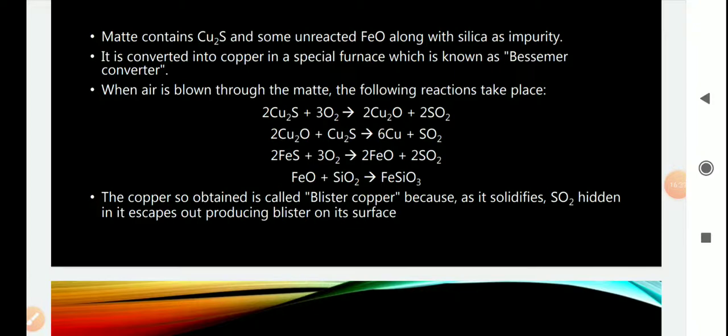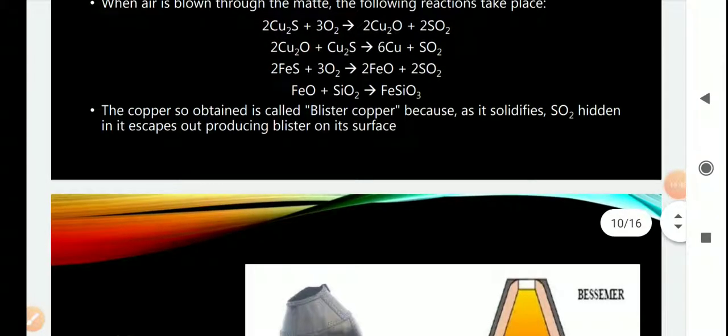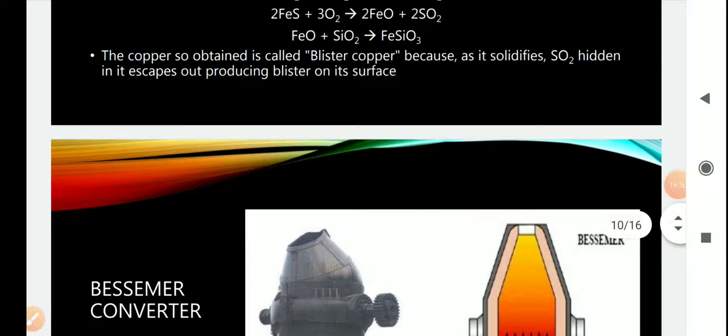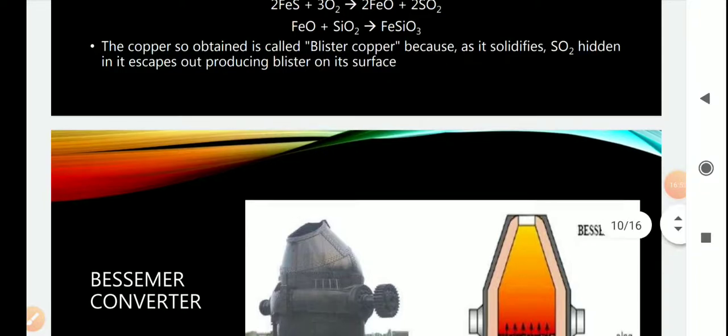As it solidifies, SO2 escapes out of the blister, so there will be lots of holes present in this solid, that's why it's called blister copper.